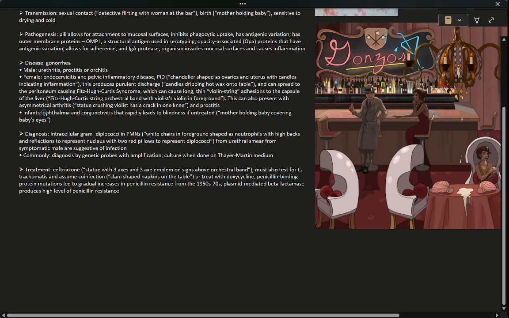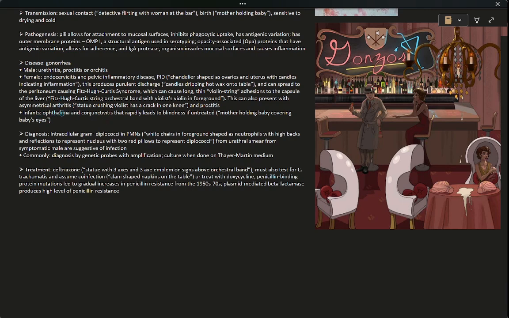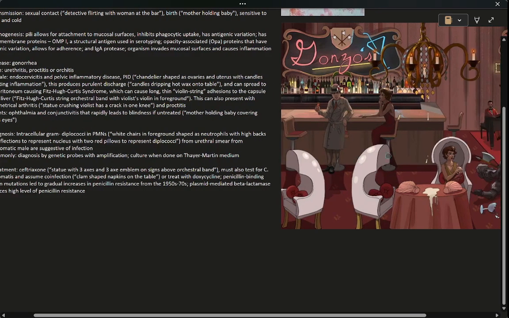And then for infants, they can have ophthalmia, or the inflammation of the eye, and conjunctivitis that rapidly leads to blindness if untreated. So you can remember this by thinking of the mother holding the baby while covering the baby's eyes.